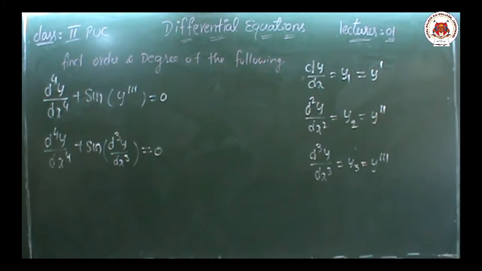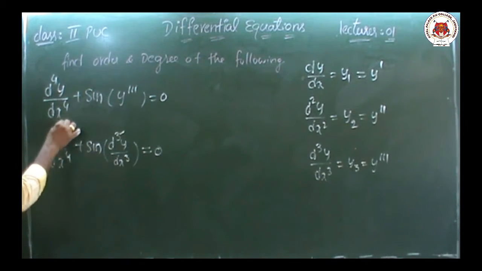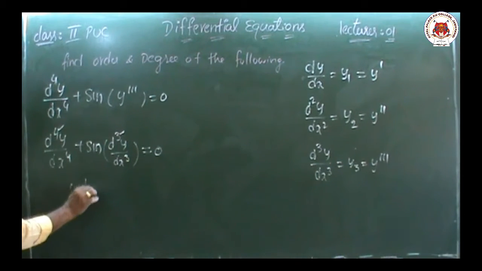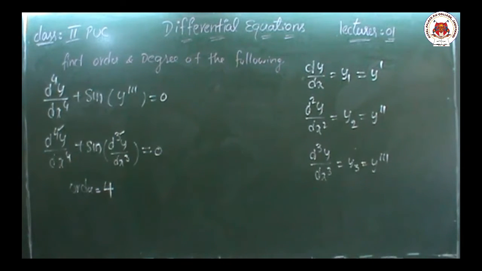Here only 3 times differentiated, here 4 times differentiated. So the order is equal to the maximum times of differentiation, so order equal to 4.